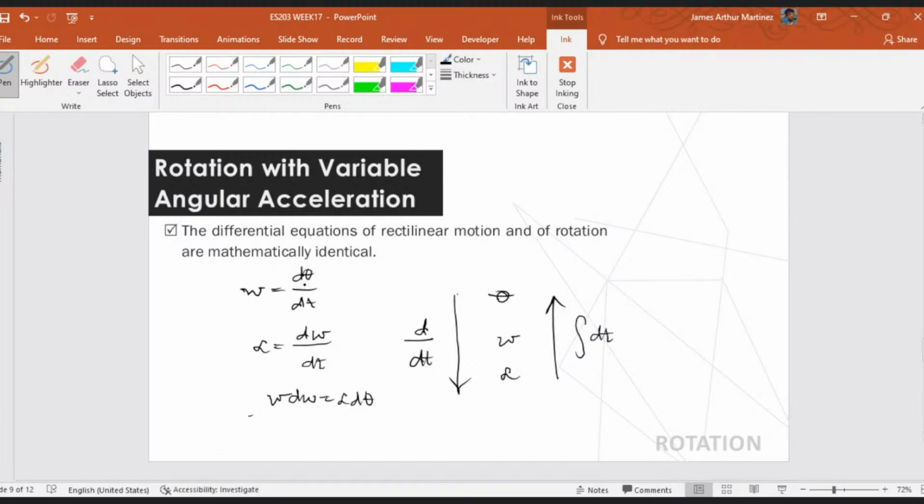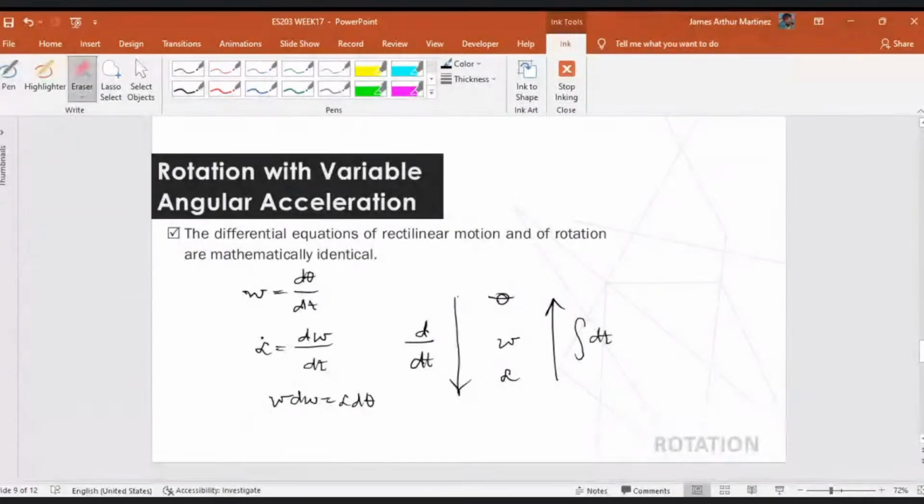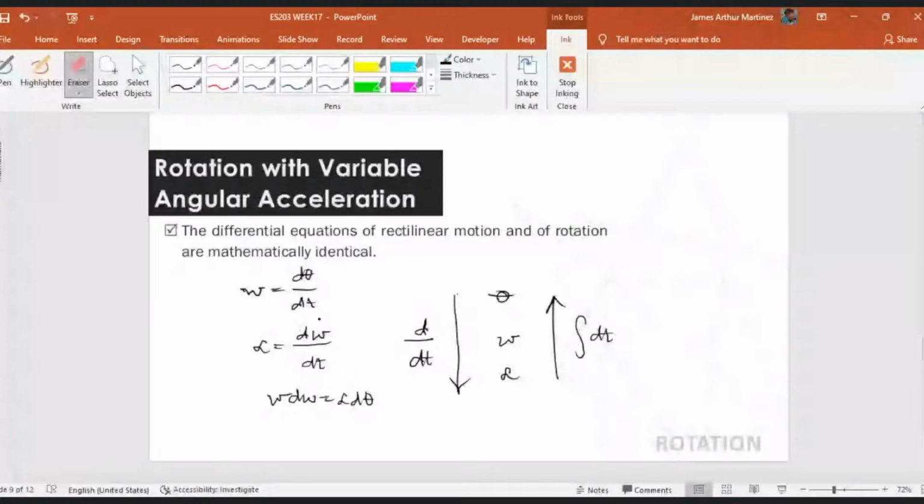Or simply, you can use these equations, relationships 1, 2, and 3.